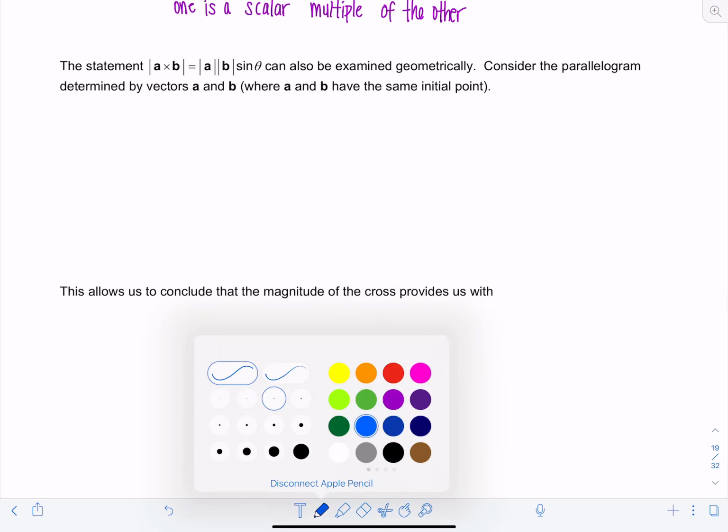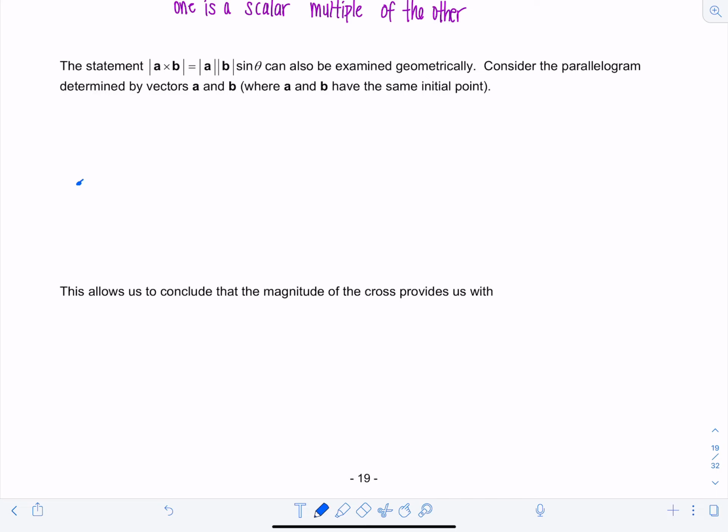So I'm going to draw a parallelogram here. Here's vector A, and then this is going to be vector B. Okay, and they have the same initial point, and so we're going to create a little parallelogram here. And I'm going to call this angle here theta.